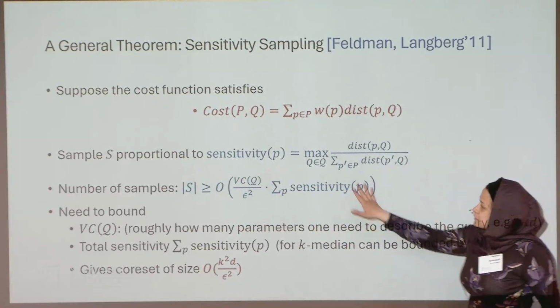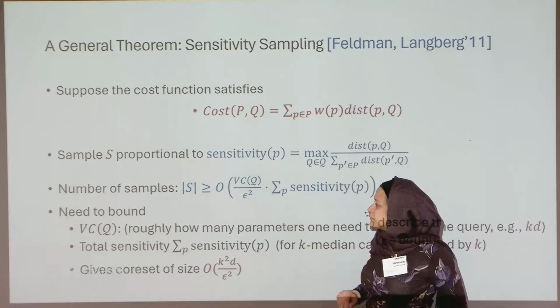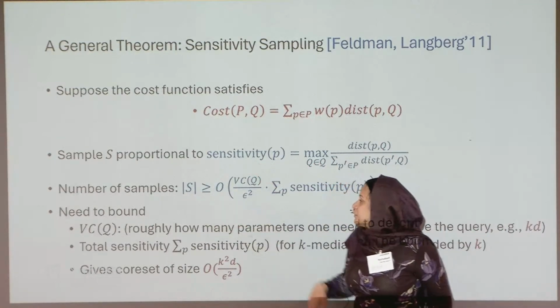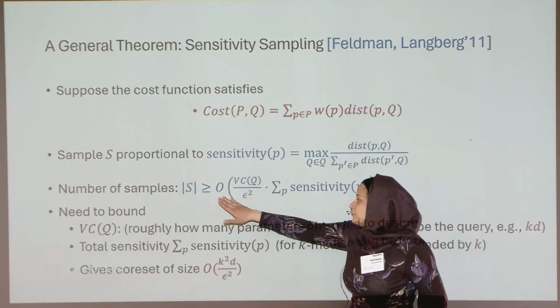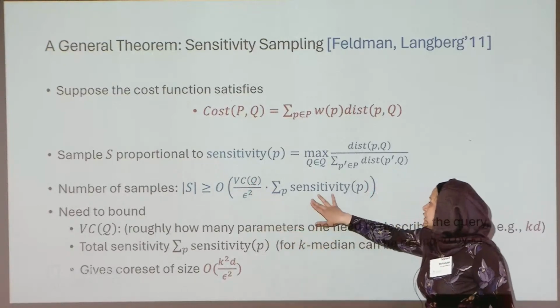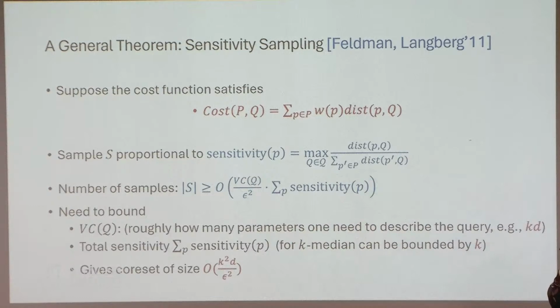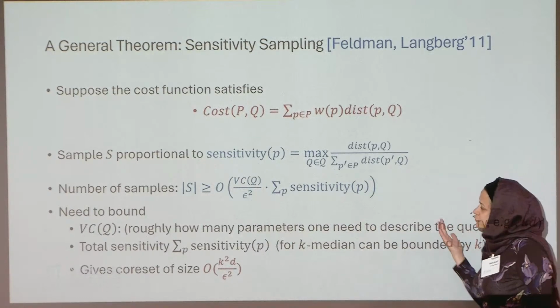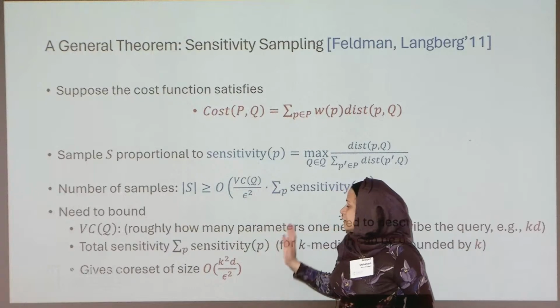The theorem says that if you're sampling with probability proportional to the sensitivities, then it's enough to take a number of samples equal to the VC dimension over epsilon squared times the total sensitivity of all the points. So what we need to do is bound the VC dimension and the total sensitivity, and that's it.